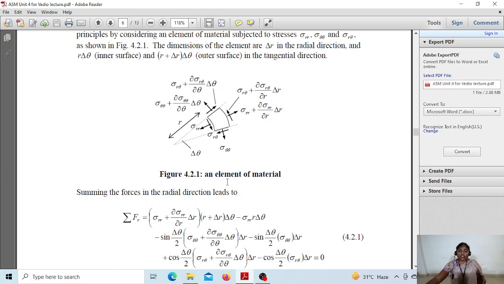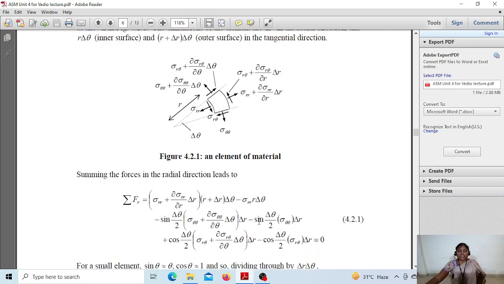That is stress. Stress into area is force. The area is r plus delta r into delta theta. Similarly, on one face it is positive, on the other face it should be negative. On the other face the stress is sigma rr, and the area is r delta theta.